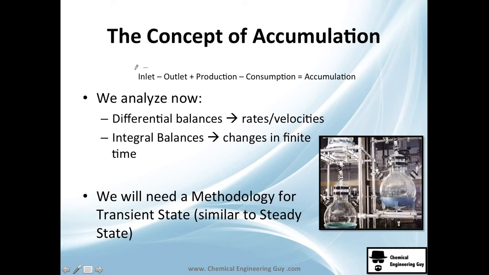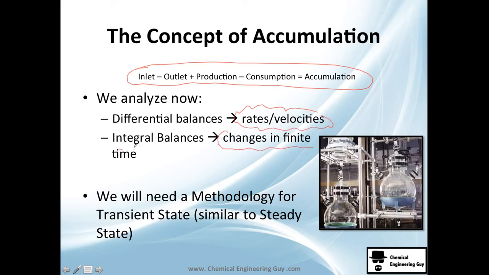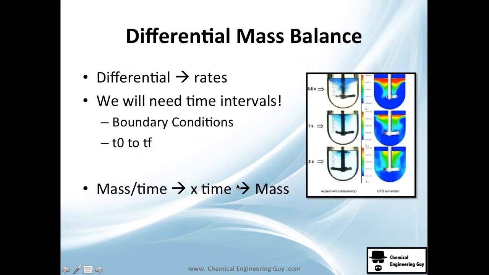We have our equation here. We're going to analyze now differential balances. As before, it's about rates and velocities, and integral balances, which is the change of finite substances in time. And as I told you also, we're going to see this methodology for transient state.